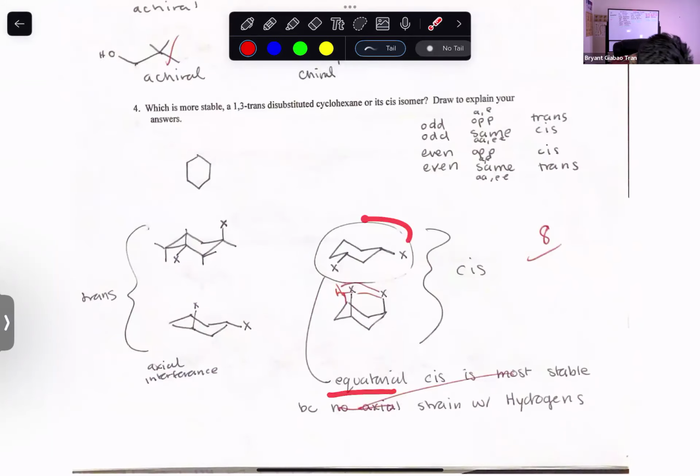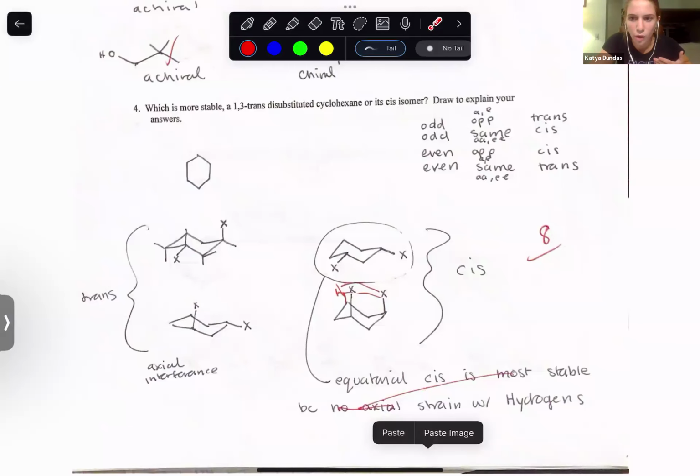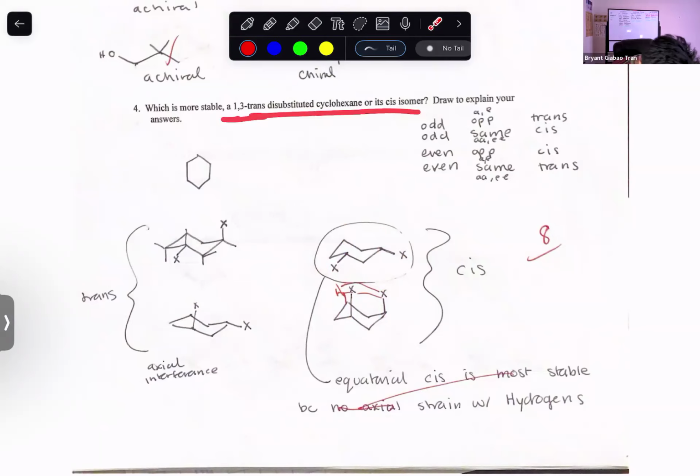The equatorial cis would be the most stable because the trans ones, the axial ones, will all have some strain, for the other ones on the left, the trans. Those two are the 2 cis isomers, and the other 2 are the 2 trans isomers, I think. That I did correctly.